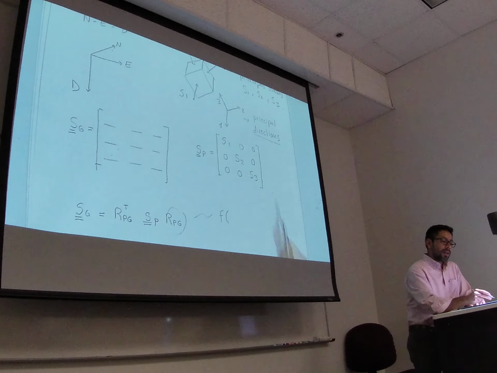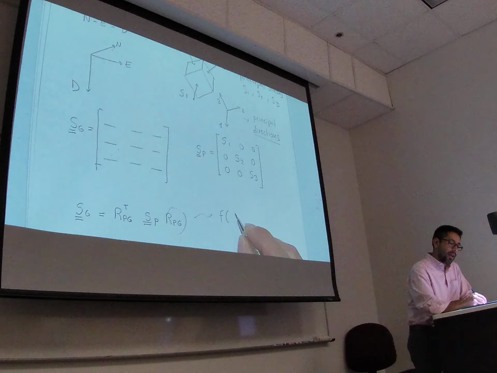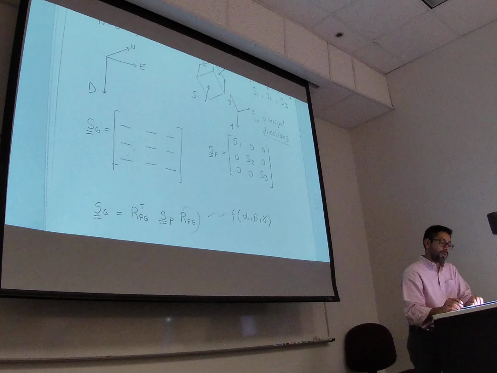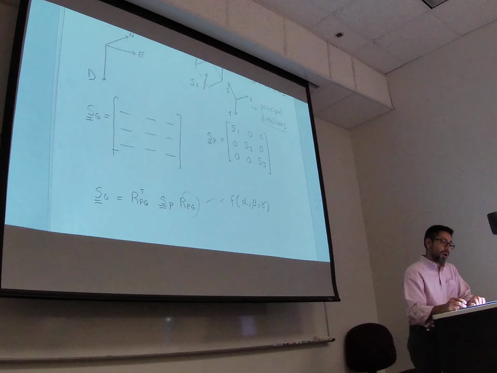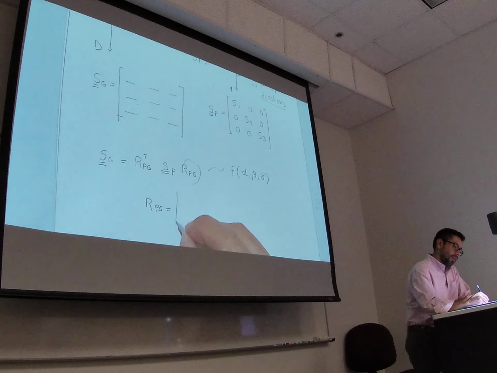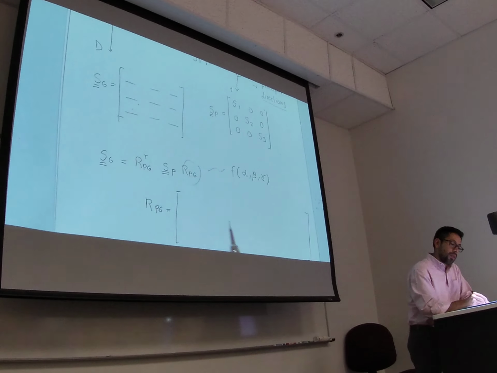And each of these directions, we're going to relate it by angles that we're going to call alpha, beta, and gamma. And with those angles, which I'm going to show in a minute, they're kind of difficult to draw, I'm going to be able to calculate this matrix RPG. And this is a huge matrix, so I'm not going to write it here, but I'm going to tell you where you can find it.